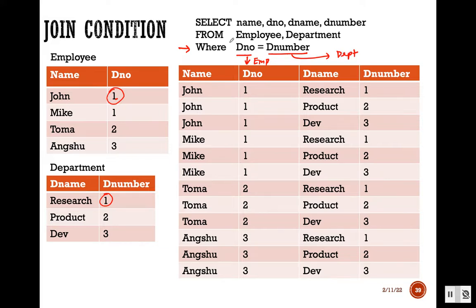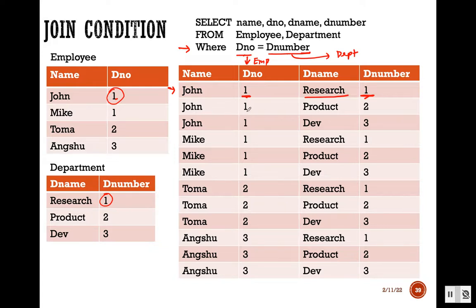First it will find the cross product, then check where DNO is the same as D number. You can see that here the DNO of John is the same as the D number of the department table. That means this record is a relevant record. So John works in DNO 1 and D number 1 has research as D name.